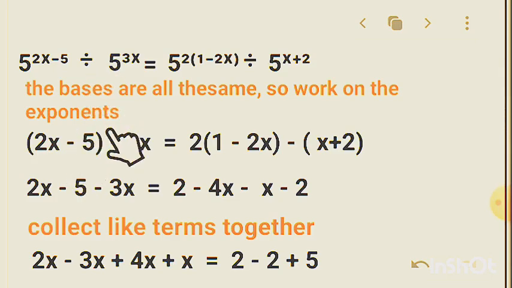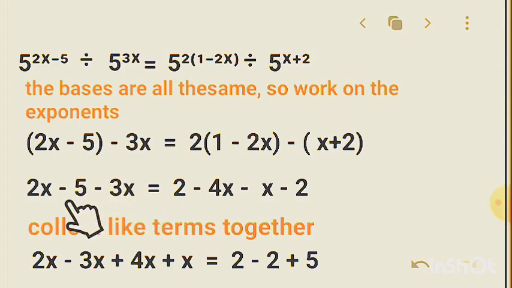Because we are dividing, we subtract the index, and 3x is that on the right hand side. We write it down. Now across the equality sign, the index on the left hand side is 2 times (1 minus 2x). Because we are dividing, we subtract, and the index on the right hand side is x plus 2. We put a bracket so that we do not make a mistake.